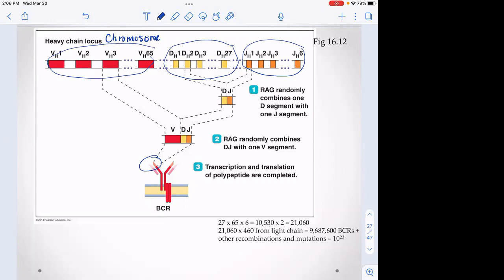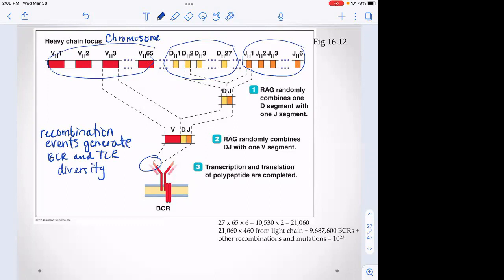So let me just write that in. Recombination events generate diversity, generate B cell receptor and T cell receptor. We haven't talked about those yet, but it's the same mechanism.